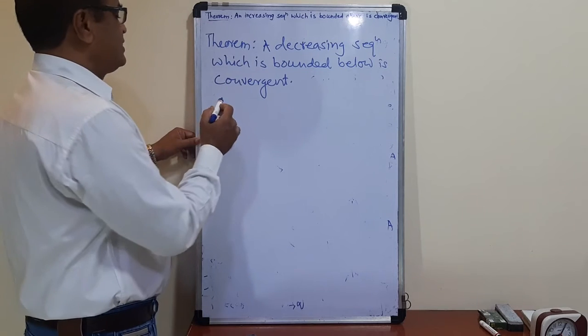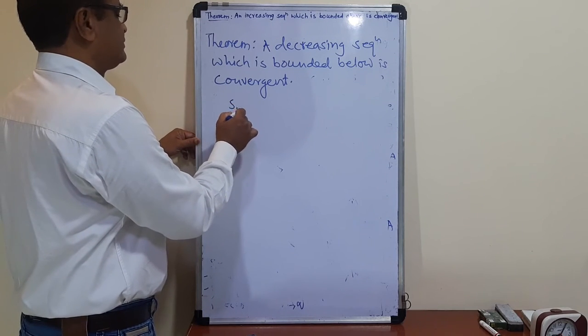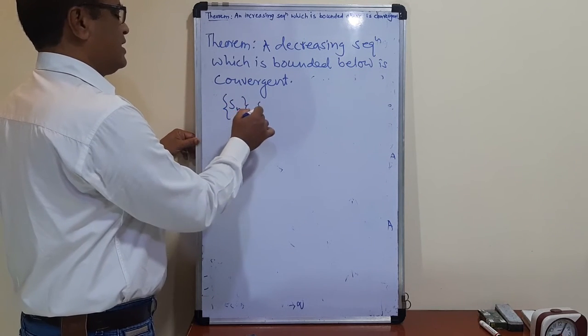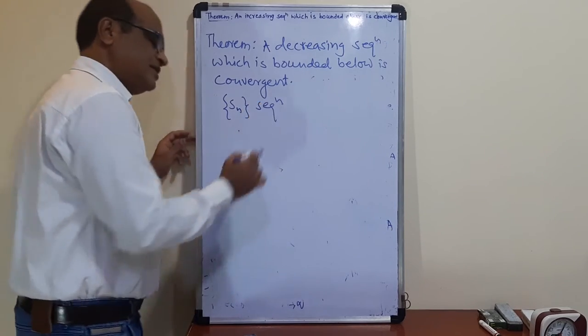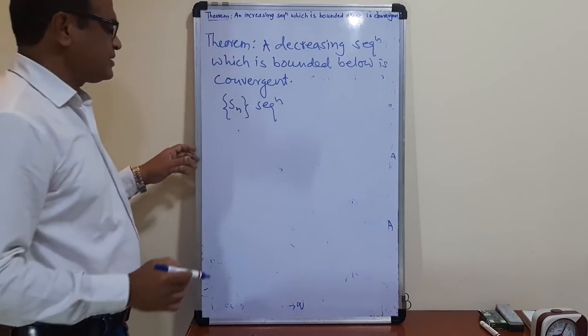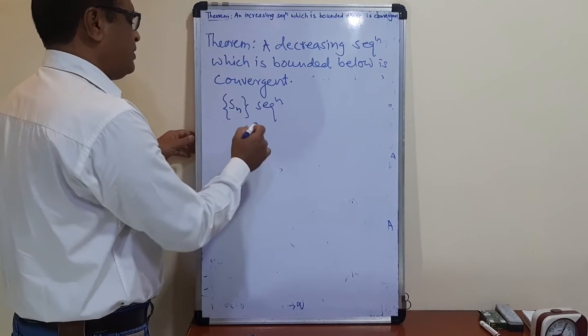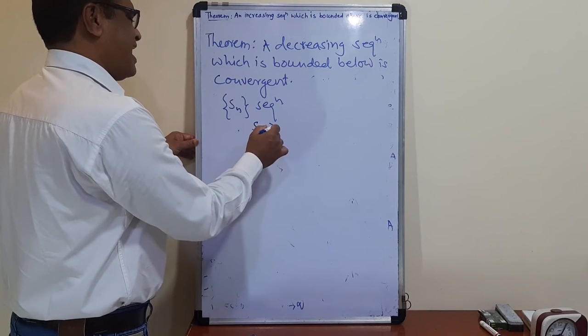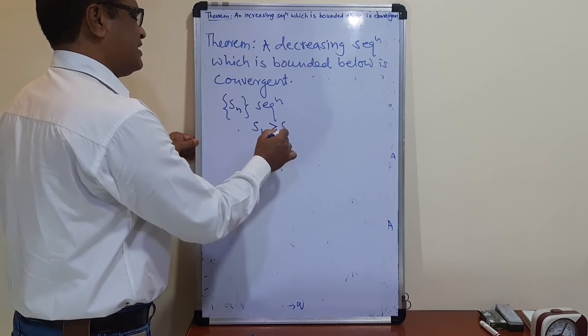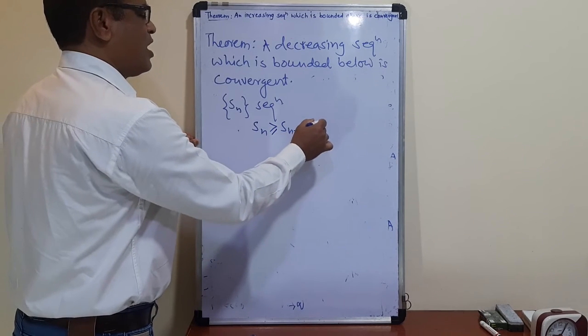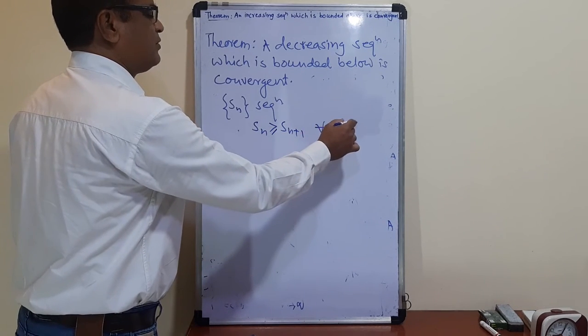So what is the sequence? Sn is a sequence. What is a decreasing sequence? You know the definition. Sn is greater than or equal to Sn plus 1 for all n equal to 1, 2, 3, 4.